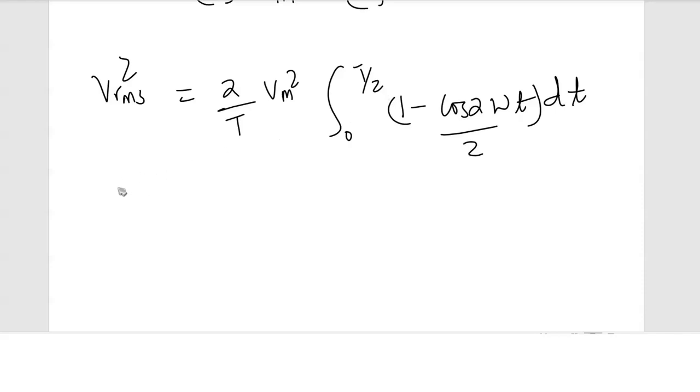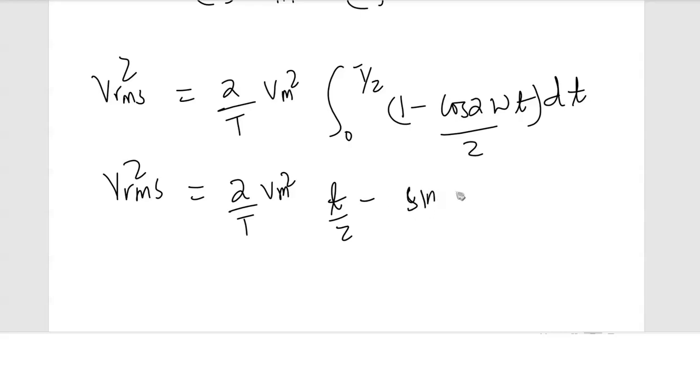Now, if I integrate that, I'll have VRMS squared equal to 2 over T, remember I have Vm squared, times t/2 minus sine 2 omega t divided by 2 omega, moving from 0 to T/2.